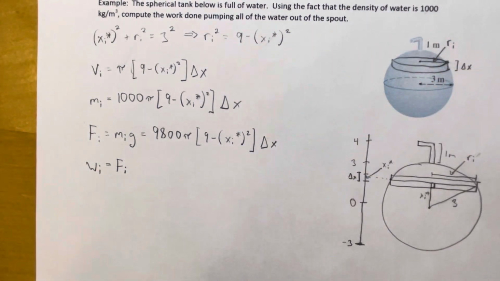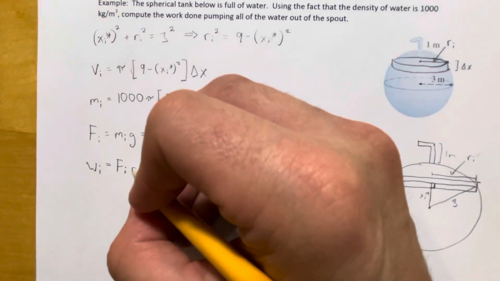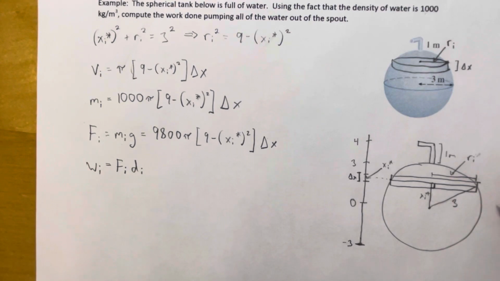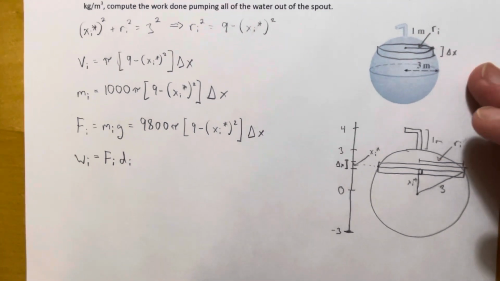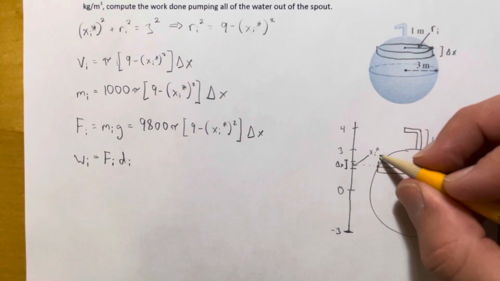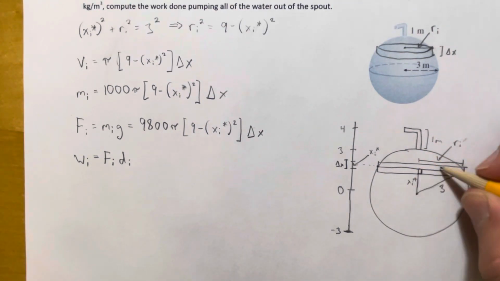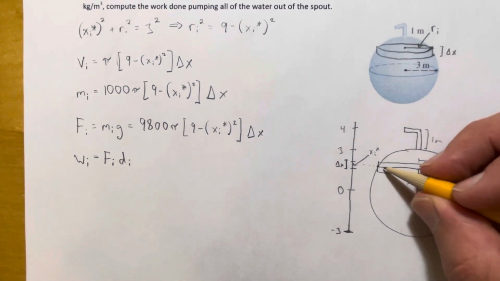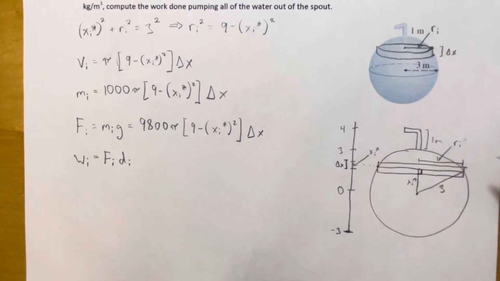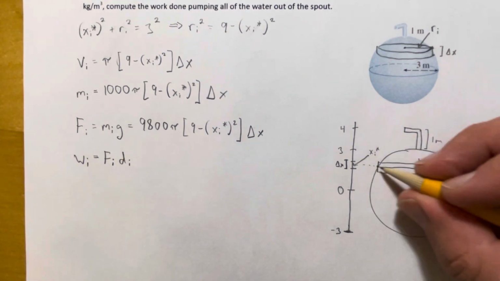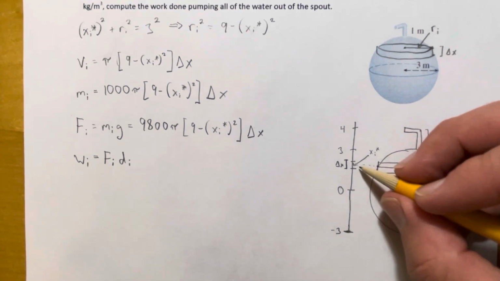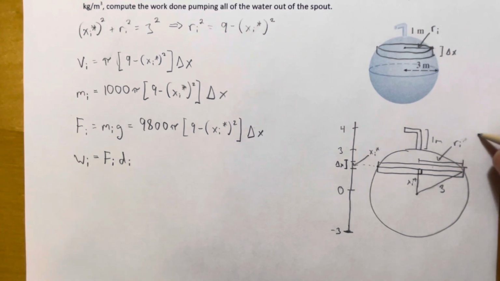We worked it out to be this, times the distance, d_i, that this has to travel. So now let's work out that distance. Over here in my diagram, if I look where x_i star is, remember I'm thinking of x_i star as roughly the position of all the points of water within this slice on this coordinate system here. So I'm going to think of the whole slice as moving from x_i star up to this spout here, okay?